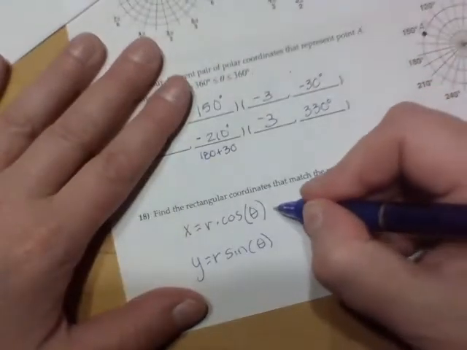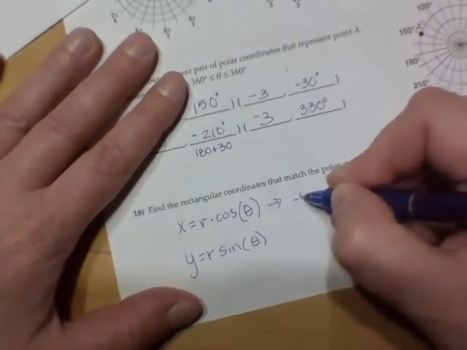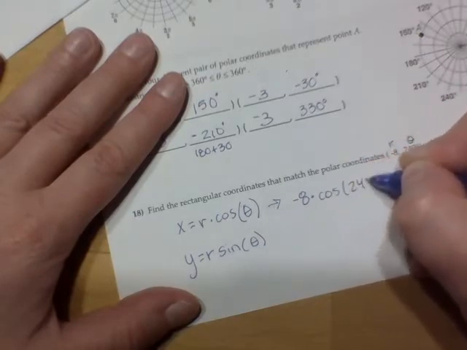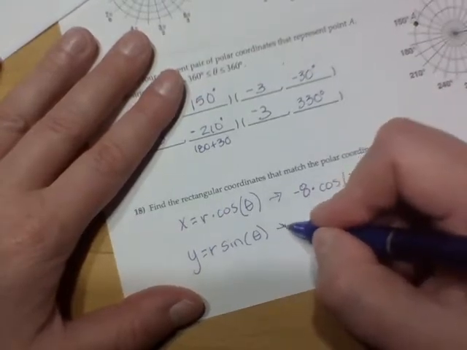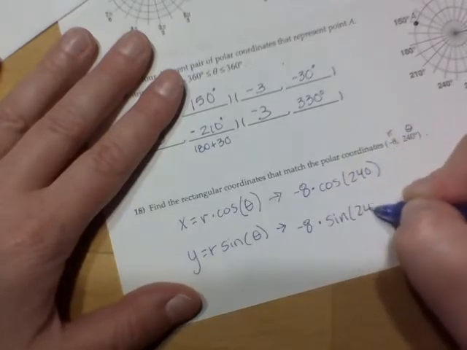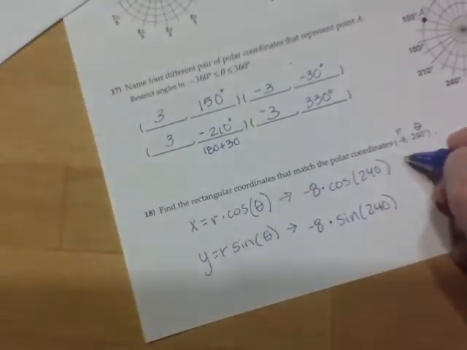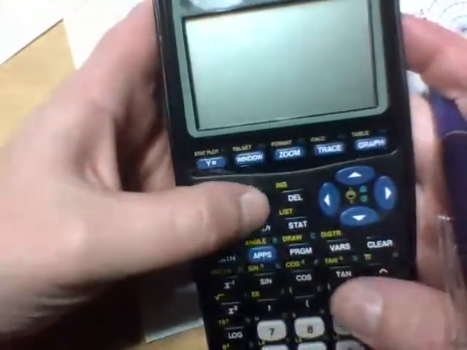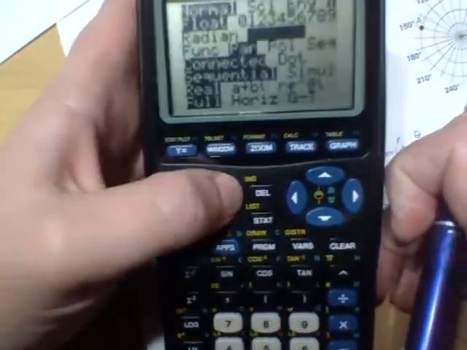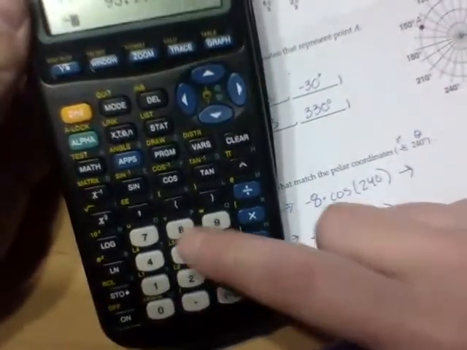Super. So now we can take our r, which is -8, and multiply by our cosine of 240. And then also take -8 for our r and multiply by sine of 240. Notice this is in degrees, and I note that my calculator was already in radians, I think. Yep. So let's go back to degrees. And we're going to do -8 times cosine of 240.